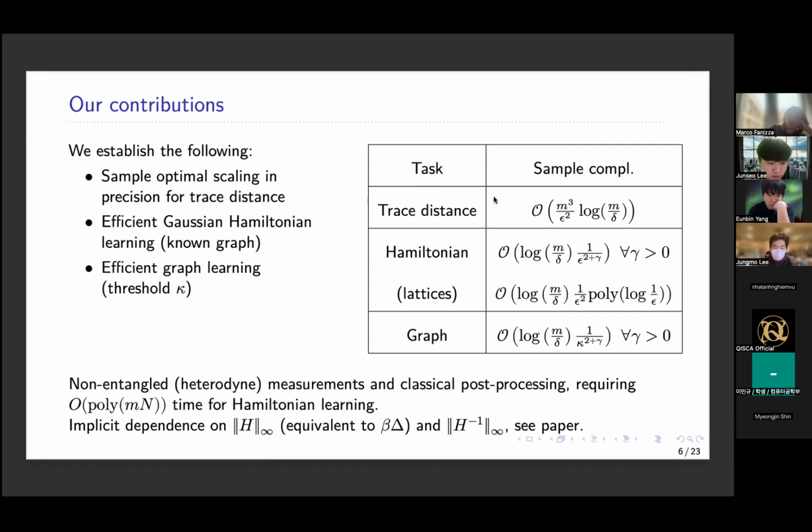In these results, I suppressed the dependence on the norm of the Hamiltonian and on the norm of its inverse. These are assumed to be uniformly bounded. I invite you to see the paper for the details. However, trying to improve the dependence on this parameter is an important open question.